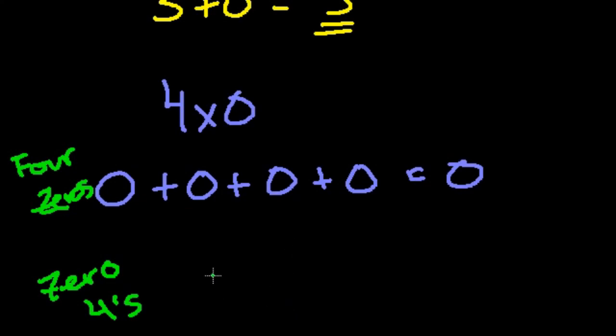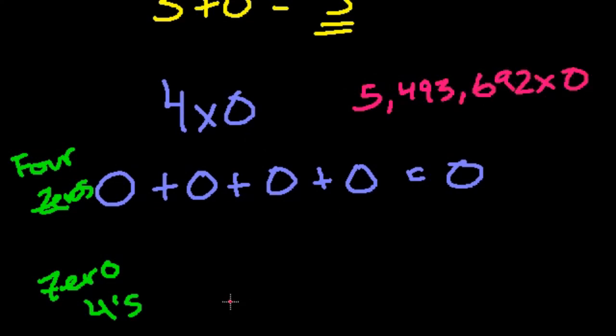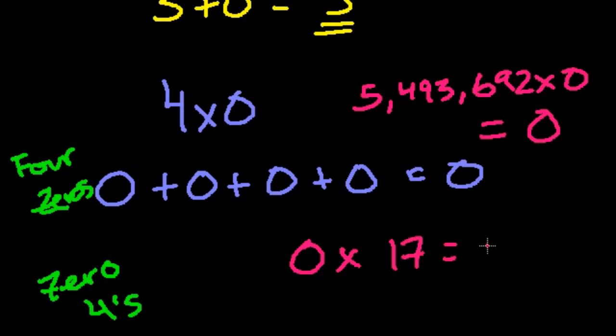I've drawn it. Big blank, 0 4s. So anything times 0 is 0. Doesn't matter how big your number is. If it was 5,493,692 times 0, your answer is going to be 0. 0 times 17. That is 0.